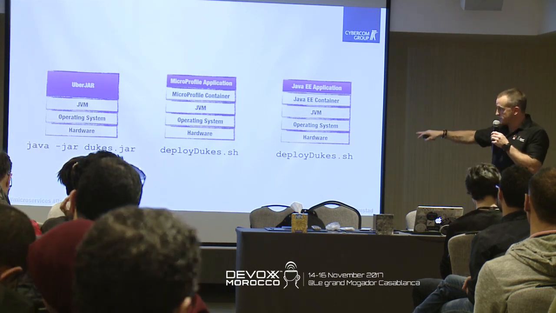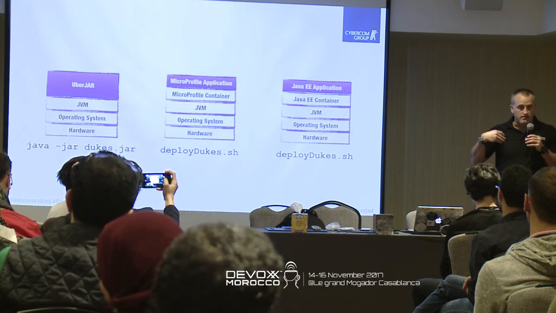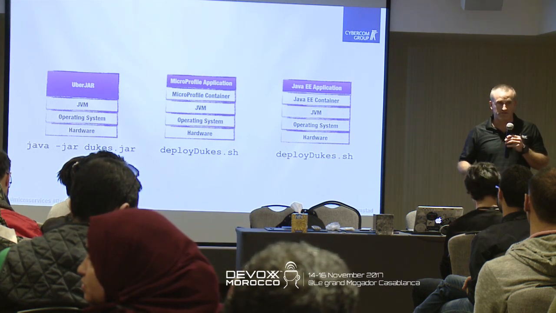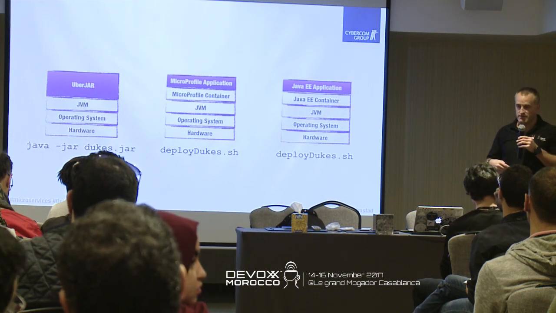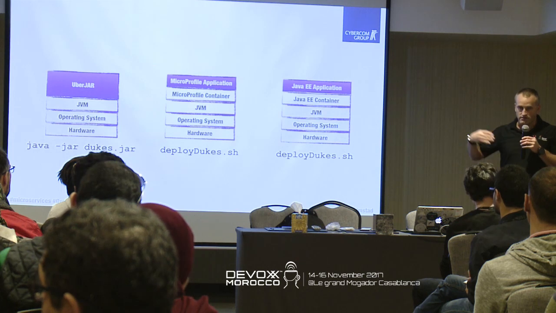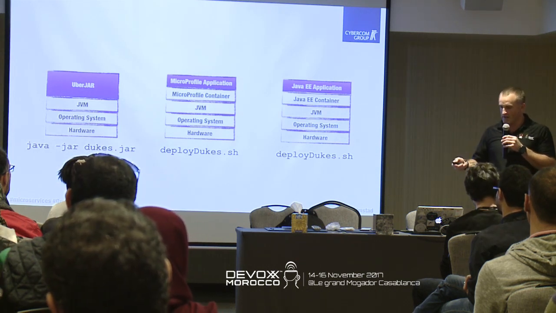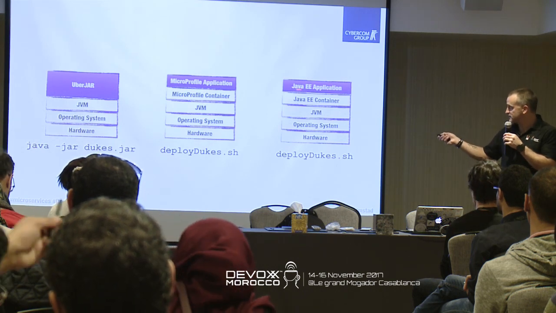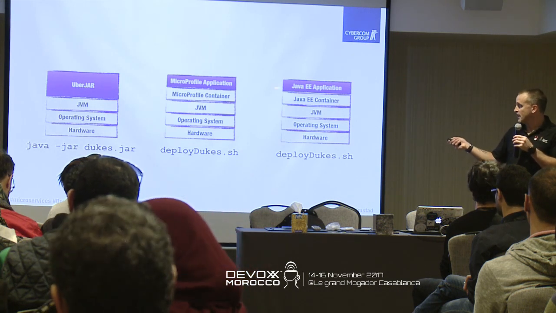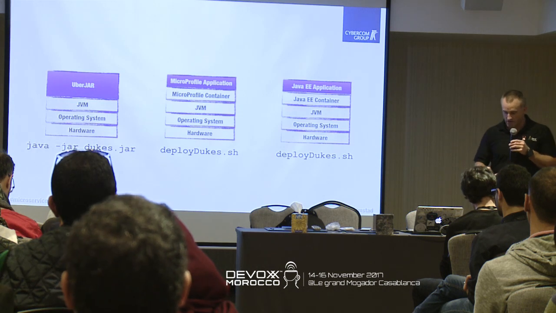But the deployment mechanism is in this case also specialized towards which vendor you've chosen to run on. So it will differ if you run on Wildfly, Liberty, or TomEE, or Payara, for example. But the mechanism is the same. You have some underlying services that you rely on to be able to run your application, and your application is a thin war as opposed to a thick jar.